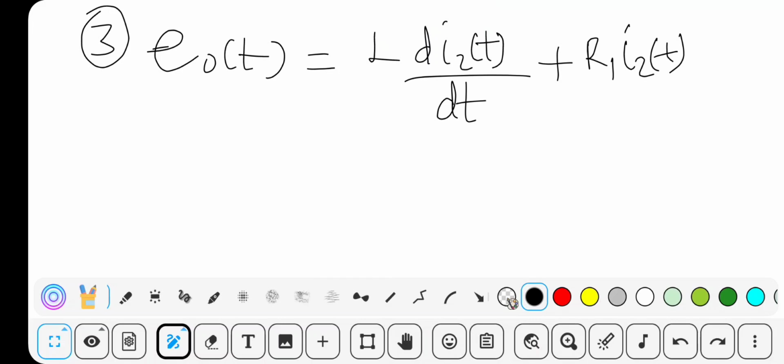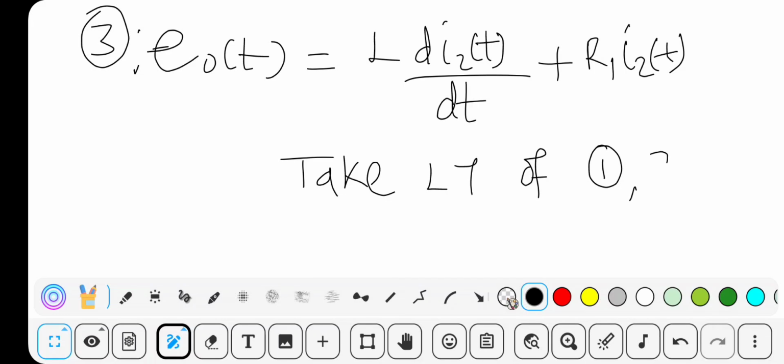So the second thing now is to take the Laplace transform. Take the Laplace transform of equations 1, 2, and 3.